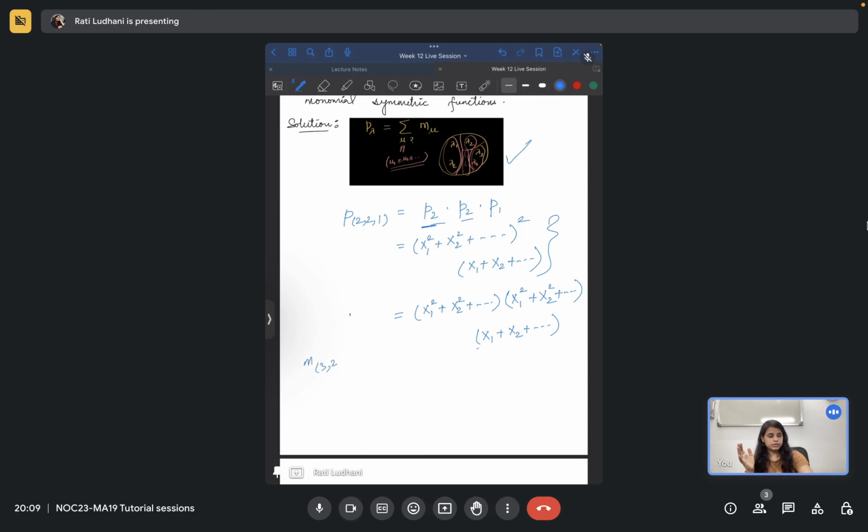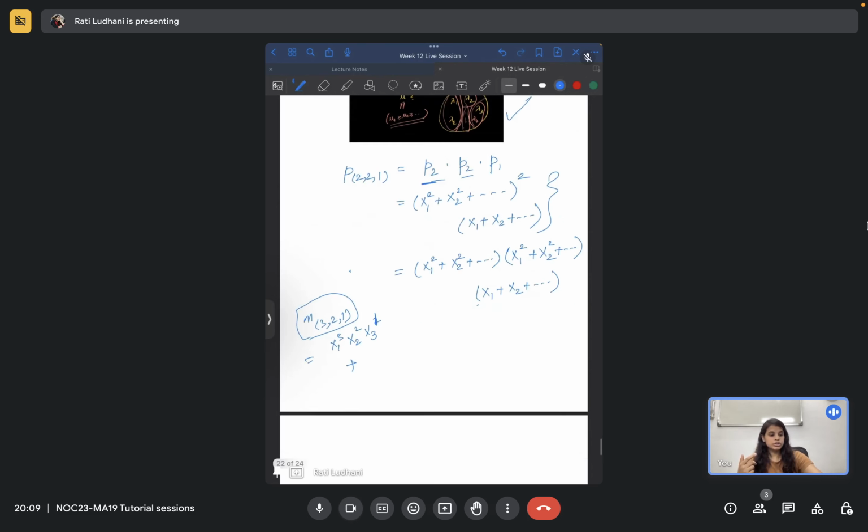For example, if you are looking at m 3, 2, 1, what exactly is this? This is the summation of x1 raised to power 3, x2 power 2, x3 power 1, and you will do this for every exercise. You need to write it in this form also.